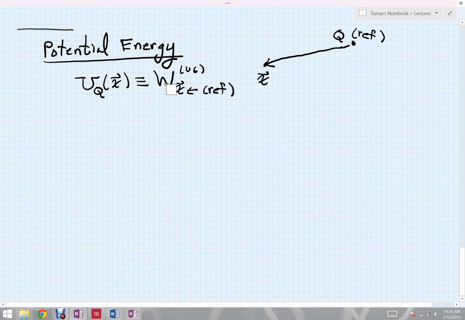We know that the voltage is the work per unit charge. So to get the work required to make this motion for my charge, all I need to do is multiply the charge, because the work is proportional to the charge, times that proportionality constant, and that proportionality constant is the voltage between the 2 points. So the voltage to take me from this reference point to the point x.